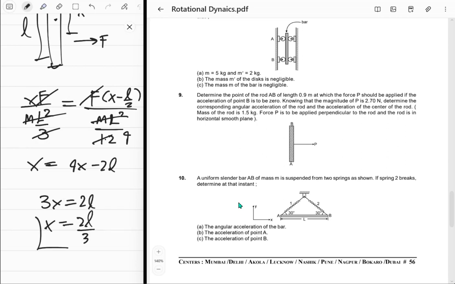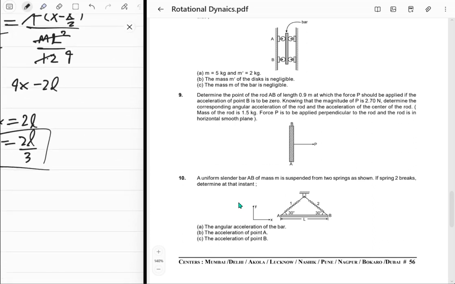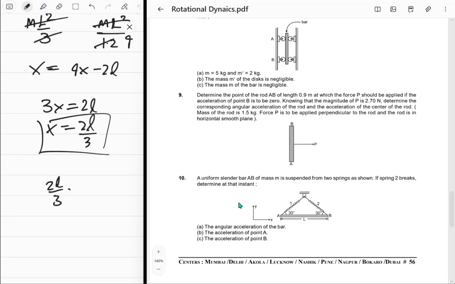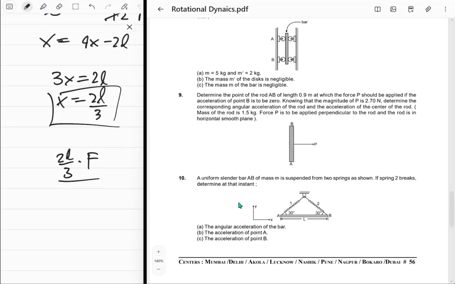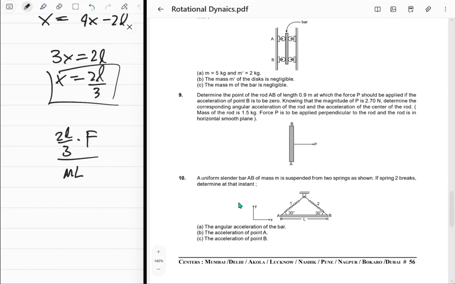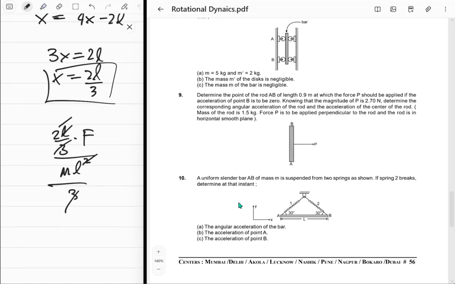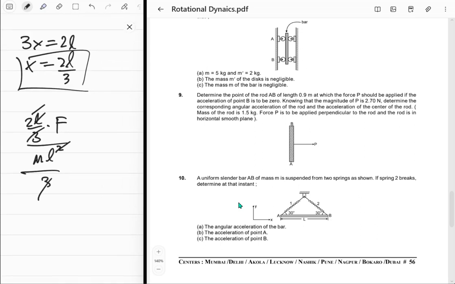Now we know where to apply the force. And they also want the angular acceleration. So x times F, so 2L upon 3 times F upon ML squared upon 3. And this cancels, we just get 2F upon ML. That's our angular acceleration.